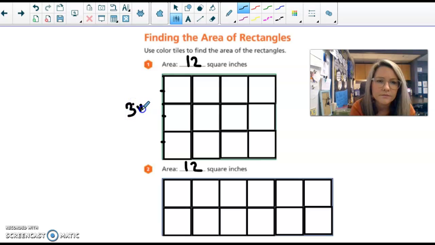That means also, because this is a rectangle, that this side is 3 inches. This side, 1, 2, 3, 4 inches. And this side, I'm going to squeeze it in, is 4 inches.